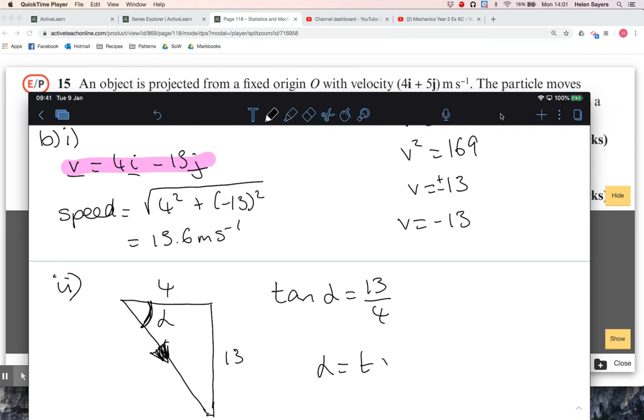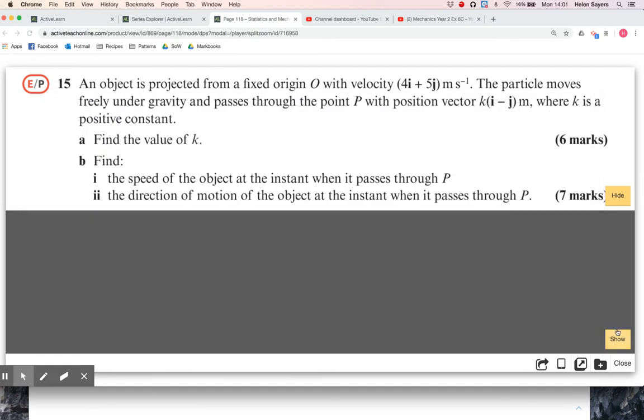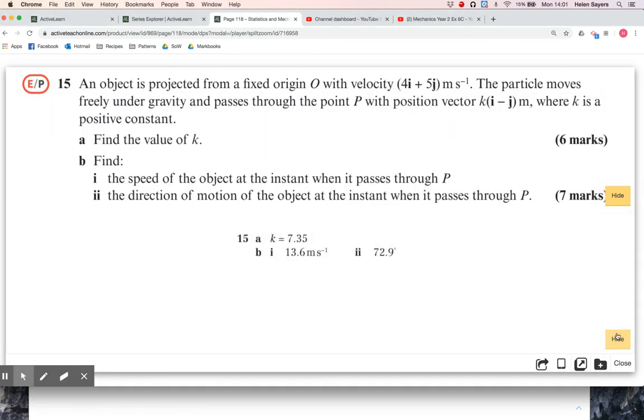So alpha is arctan of 13 divided by 4. So fingers crossed, I'm getting that as 72.9 degrees, and that's 72.9 degrees below the horizontal. Let's just check that. Fantastic.